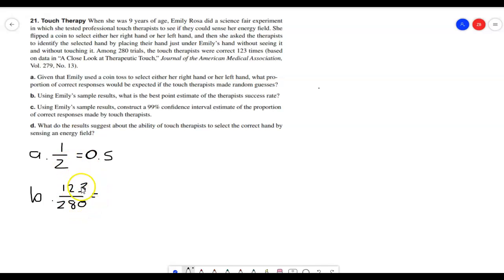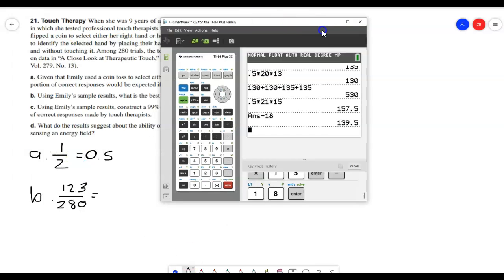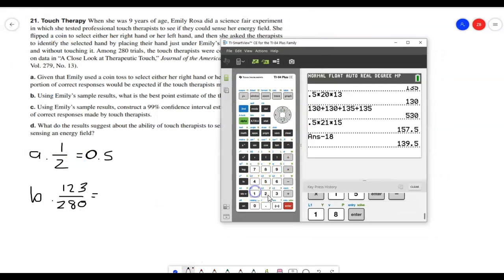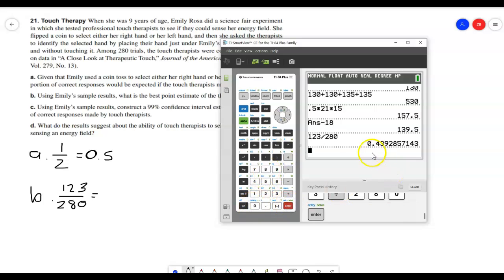So if we pull out our calculator, that's 123 successes divided by 280 trials. So our sample statistic, or our sample proportion in this case, is 0.439, so about 44% of the time they were right.